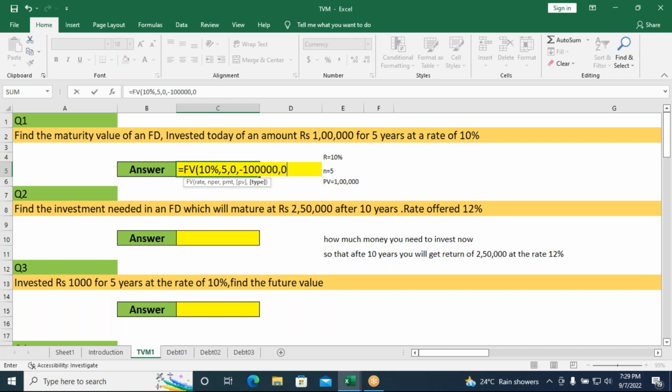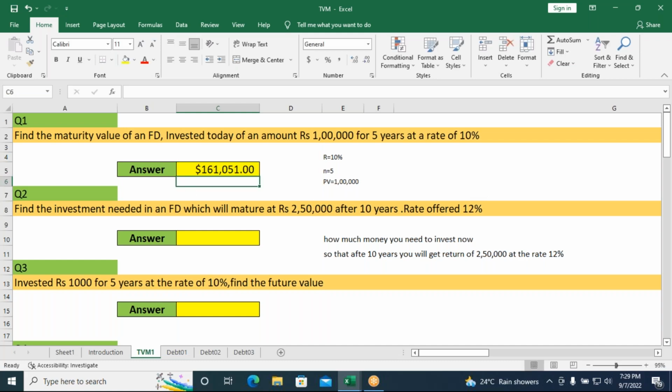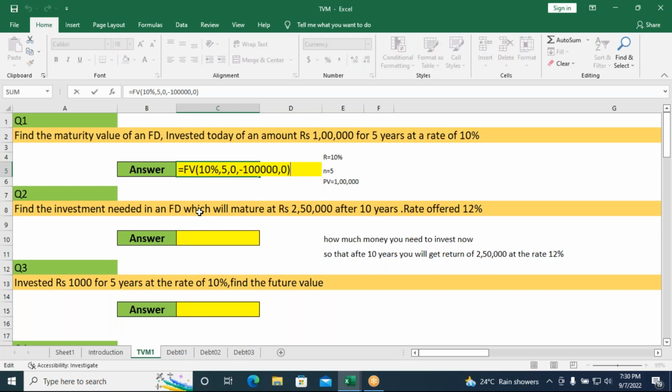So by the end of the 5 years, how much amount am I going to get? Is it 1,61,051 rupees? Because it says dollar, ma'am.